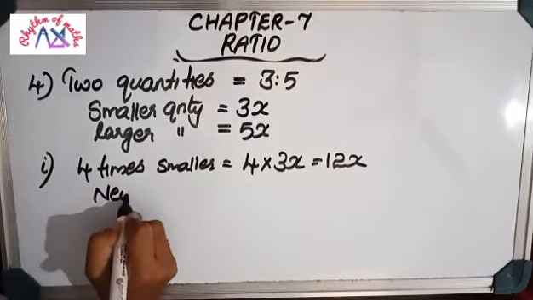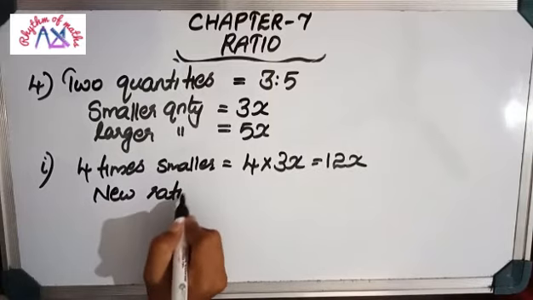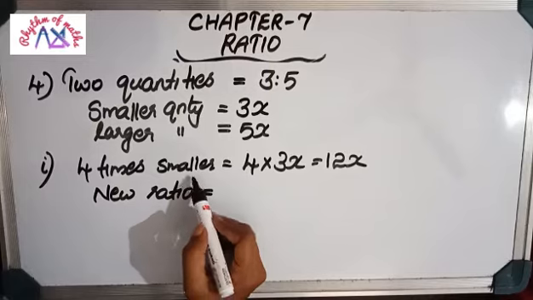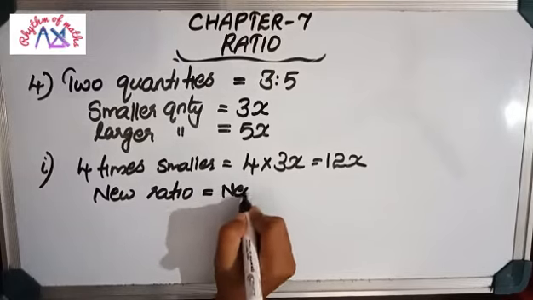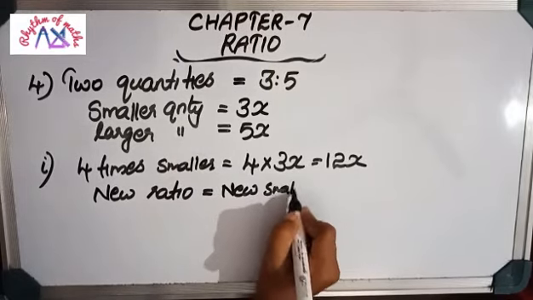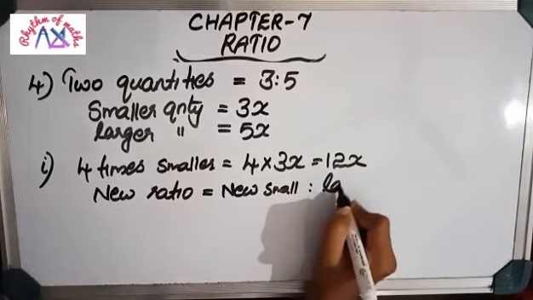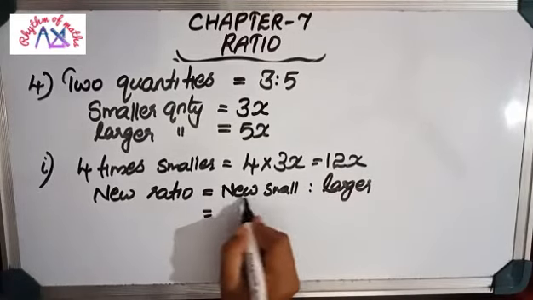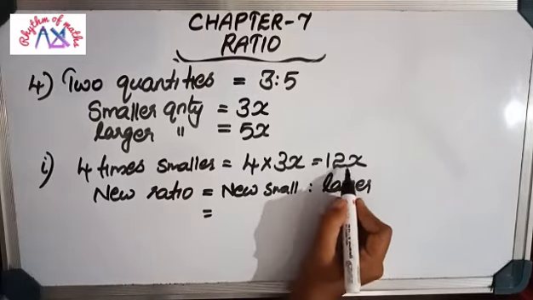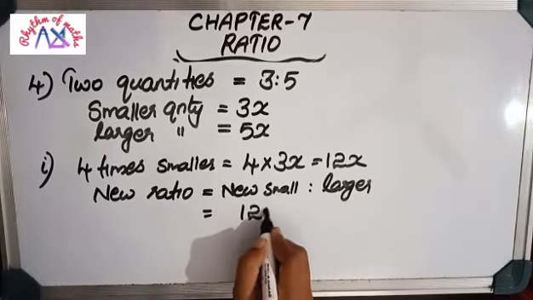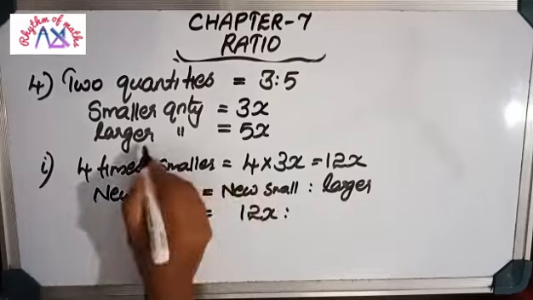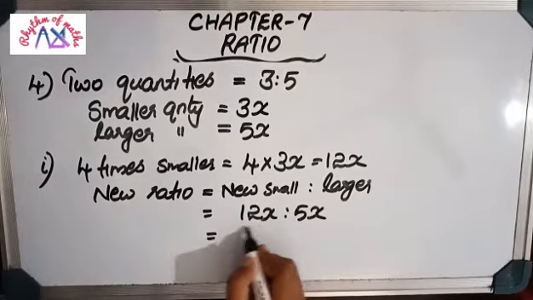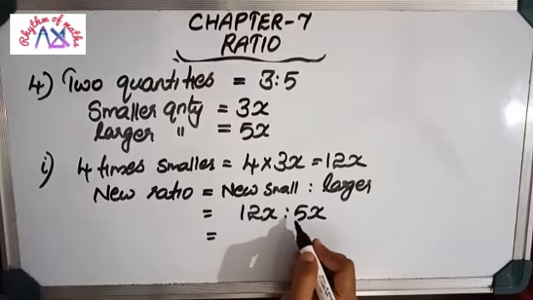Then the question is, what will be the new ratio? The change comes only in the smaller quantity. So new smaller quantity is to larger quantity, which has no change. Now the new smaller quantity is 12x, and the larger quantity is the same, 5x.